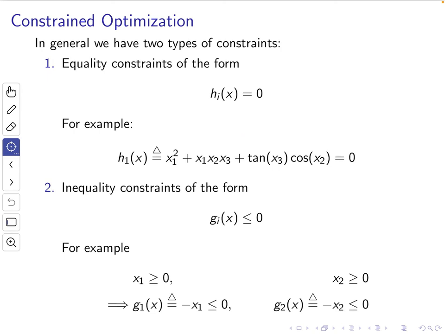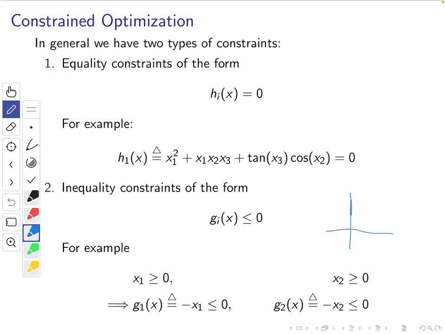Inequality constraints, on the other hand, look like this: g_i of x less than or equal to 0. For example, say we wanted to do optimization over the positive quadrant, where x1 and x2 are both greater than or equal to 0.